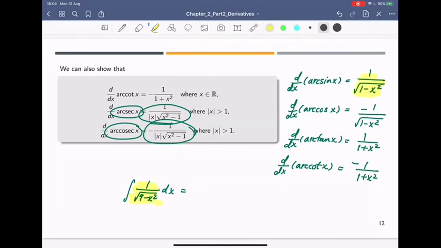If you memorize this just one time, integration will be easy for you, because you already memorized all the derivative formulas, and integration is just the operator that's opposite to differentiation.